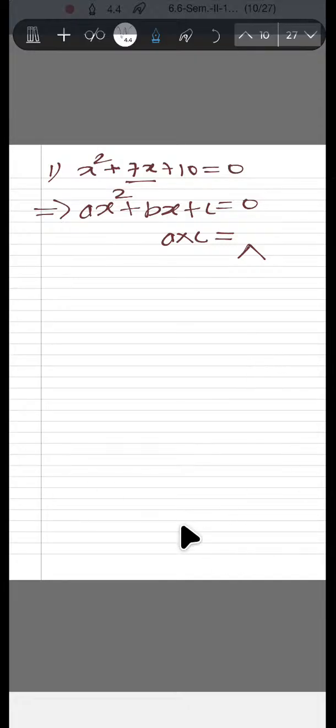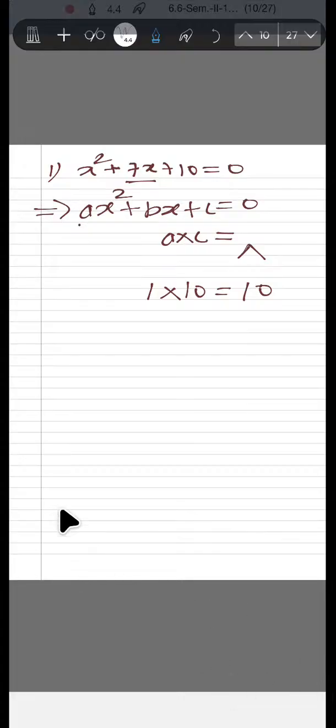Okay, so simply here you can see the coefficient of x square is 1 here, and c is what? The 10 here. So the multiplication will be what? The multiplication will be 10. So what I said, we have to select such factors which can give you the addition or subtraction to the middle term, correct.